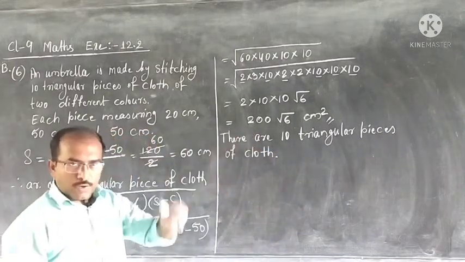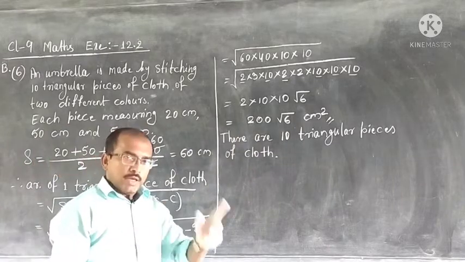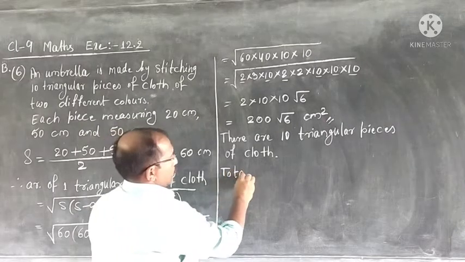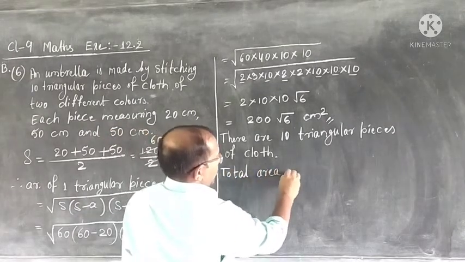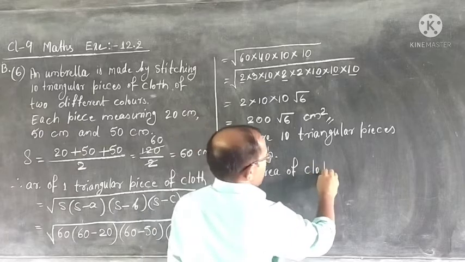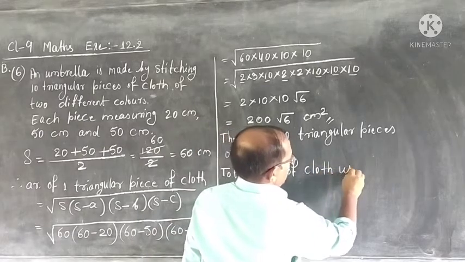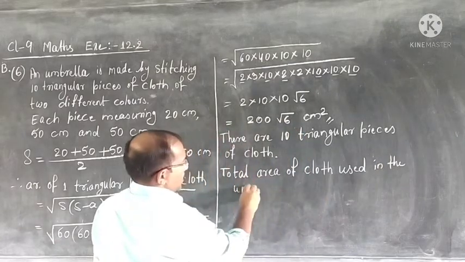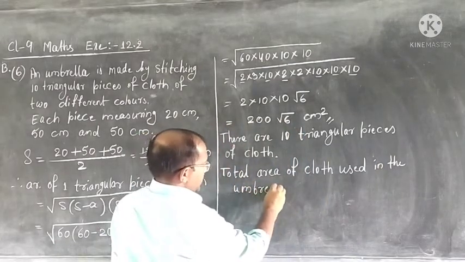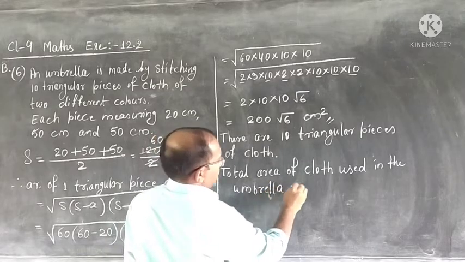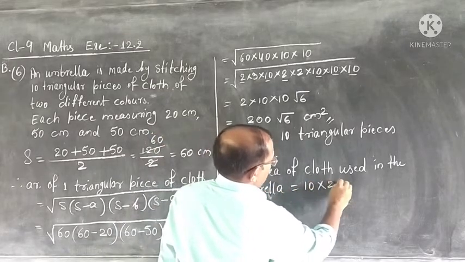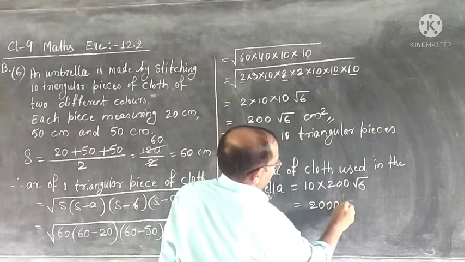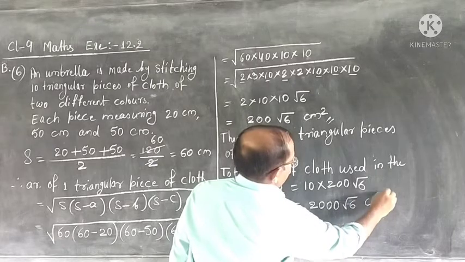One triangular piece has area 200 root 6, and there are 10 pieces. So, what will be the total area of cloth used in the umbrella? 10 into 200 root 6. I hope this is easy for you all. So, we got 2000 root 6 centimeter square.